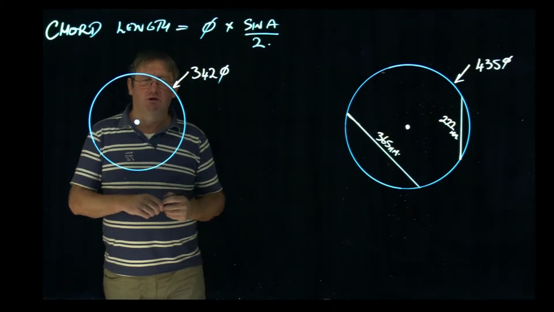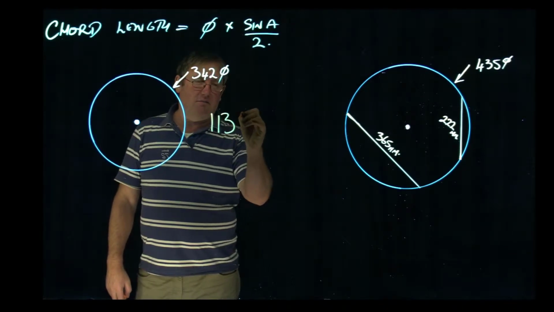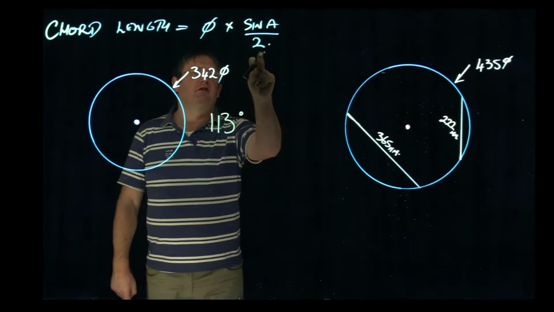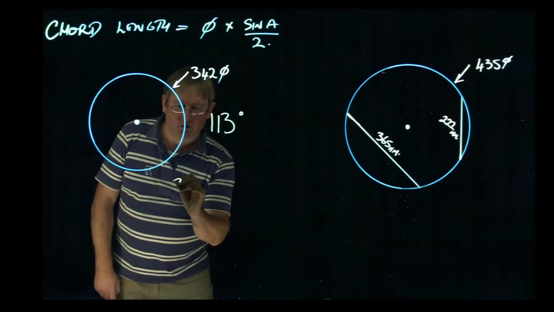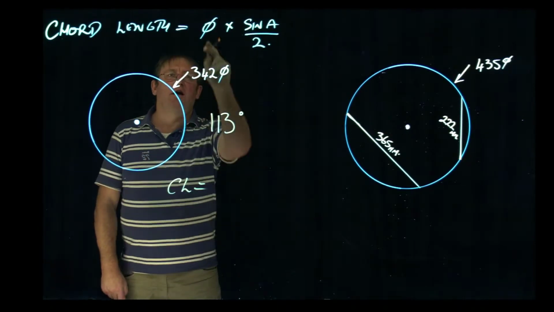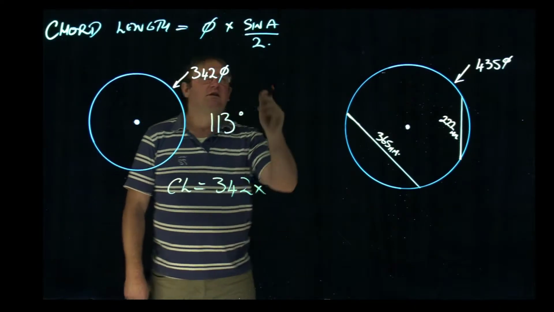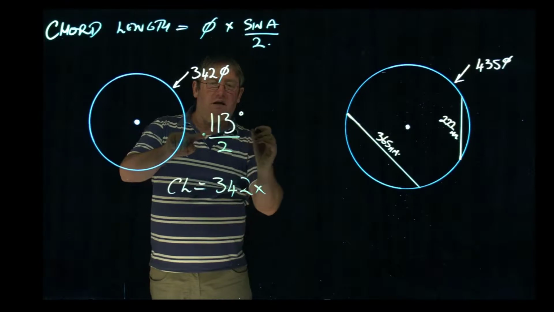So let's say that we just want to put an angle in here of 113 degrees. Remember that we had to divide 113 by 2 for a start. So the chord length is the diameter, 342 times sine, so we have to divide this by 2 for a start. So what do we got?